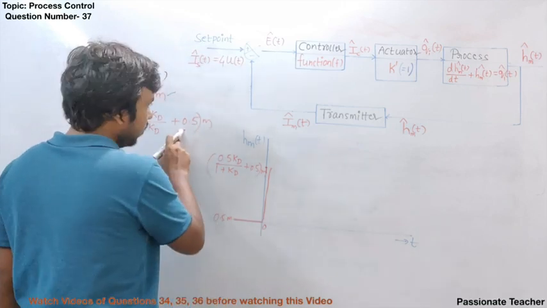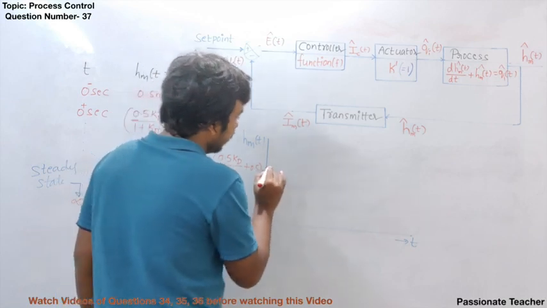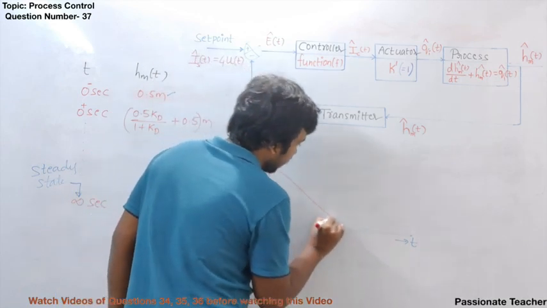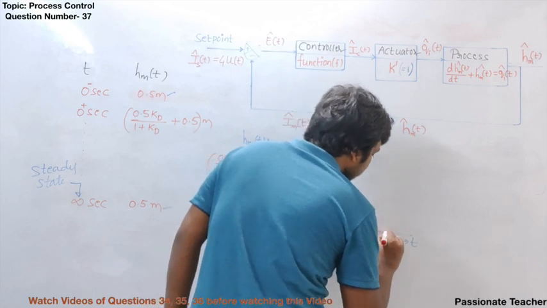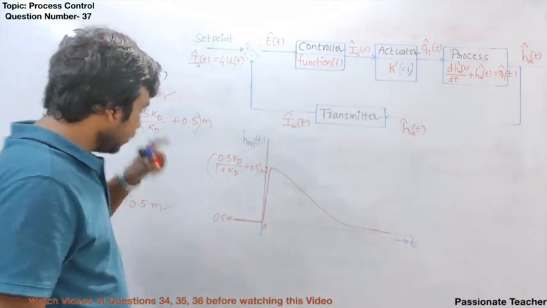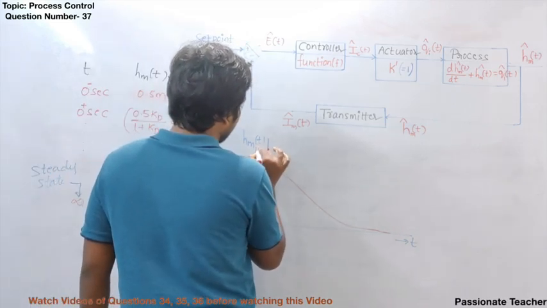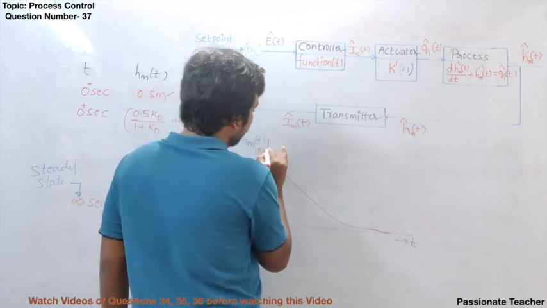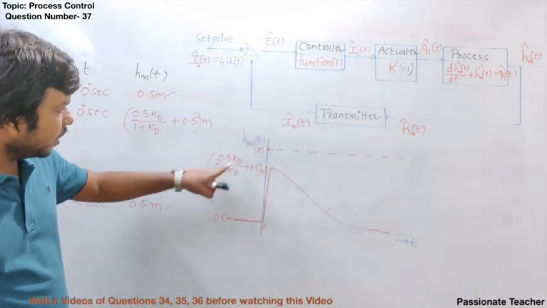After that, it will decrease exponentially, and finally it will again become 0.5 meter. Again it will come back to the same value, right? Unfortunately, because we want the water level to really be at 1 meter. So now it comes to the game of KD.